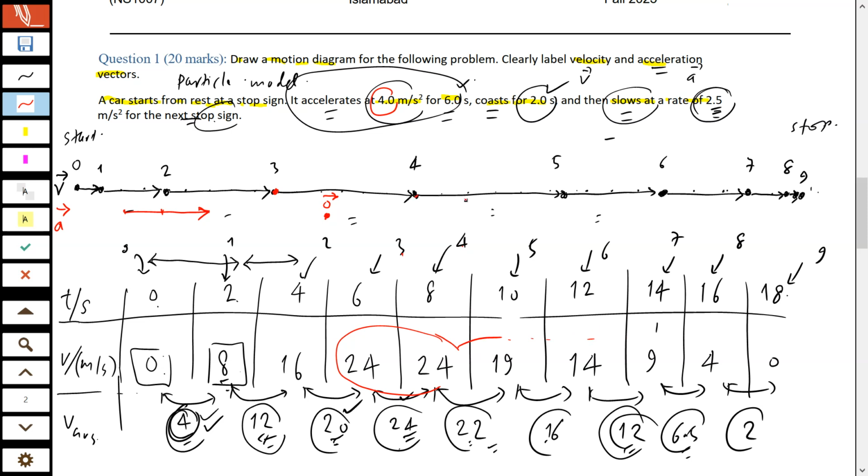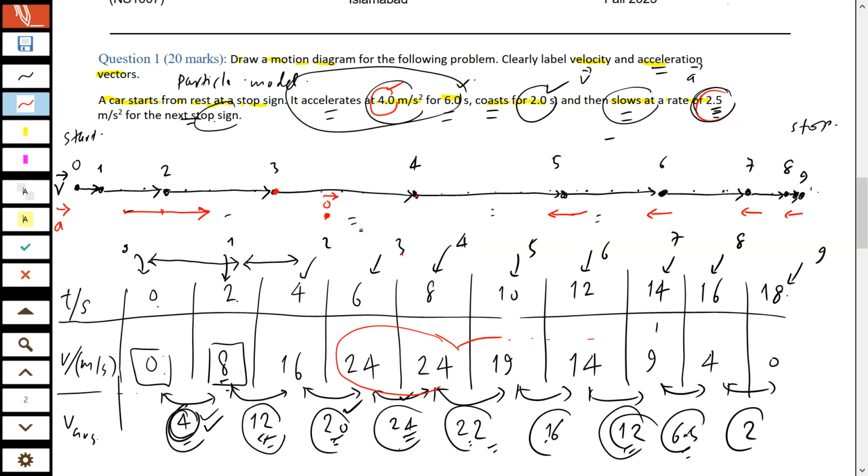So from 4 to 9, anywhere you can just draw one arrow or multiple arrows. You can draw these arrows, and remember, they have to be short to indicate 2.5. 2.5 is almost half of 4, so this arrow has to be shorter than that.